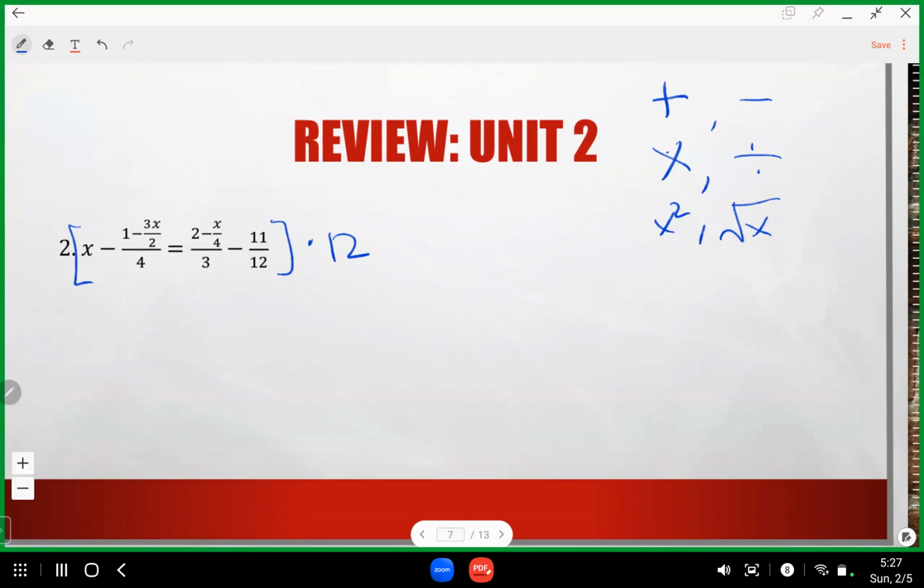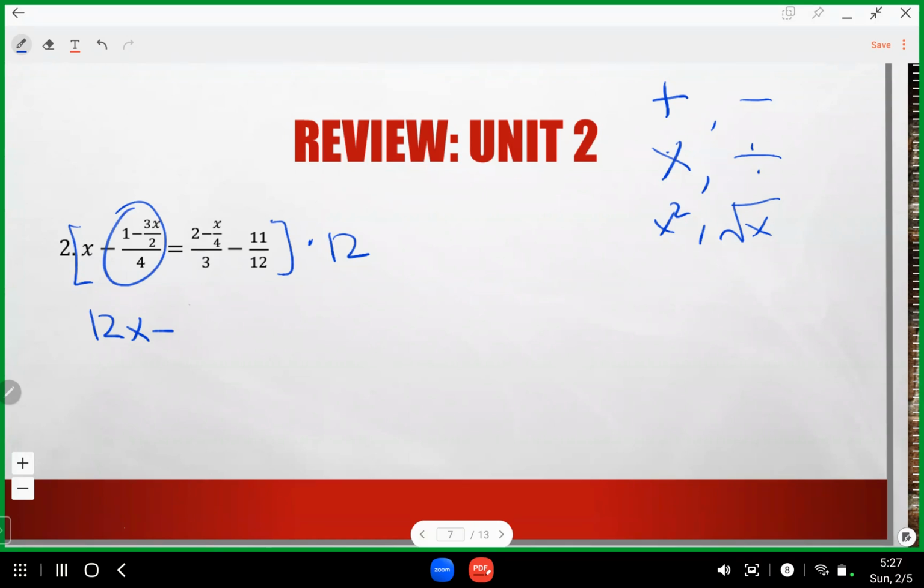The hint about this one is to multiply everything by 12, right? So what is x multiplied by 12? 12x. Nice. Okay, what about this thing multiplied by 12? See, it's quite simple.